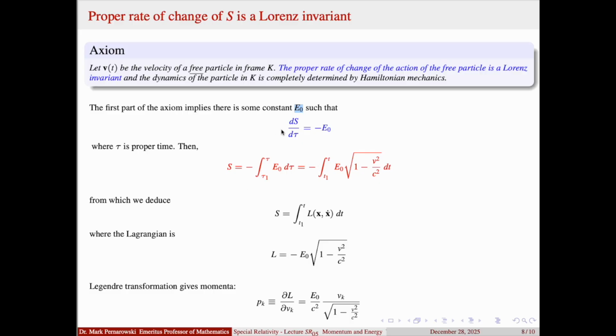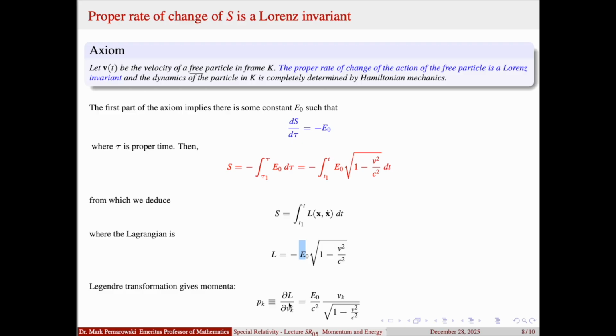In other words, if the proper rate of change is this constant, then the action must be given by a formula for the Lagrangian, which is almost identical. It's just slightly different. The Lagrangian has got to equal minus some constant that I don't know times the square root of that. Not knowing what E naught is, I can simply do everything else I've done before.